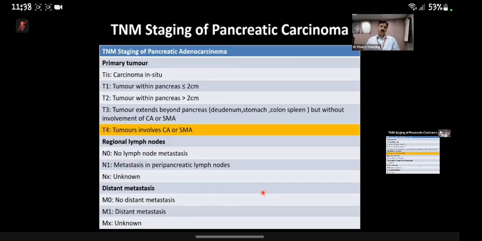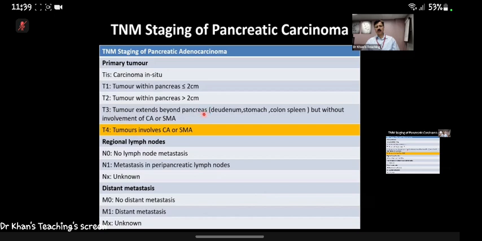Okay, now as far as T staging of pancreatic tumors is concerned, the key thing to understand is the T4 tumor. Let me go back to T3 first. T3 tumor is a tumor that extends beyond the pancreas.